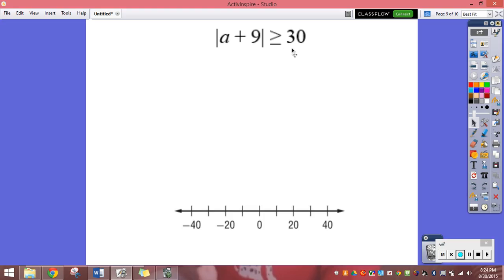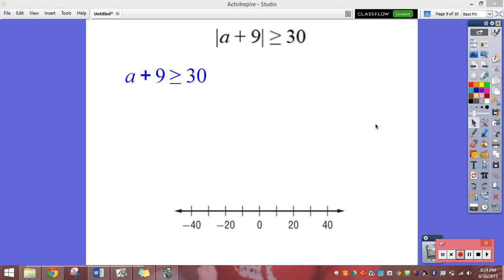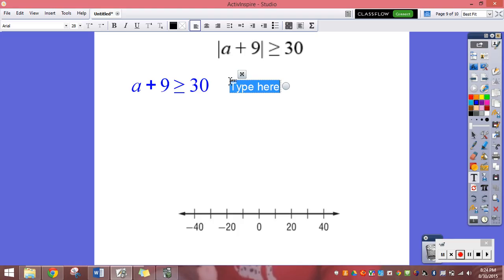What I do here is start the way I started in the previous problem, where I rewrite this inequality but drop the absolute value bars. Then I also need to account for that second set of numbers that are to the left of negative 30, so I use the word or, and I rewrite the expression a plus 9 the same way.